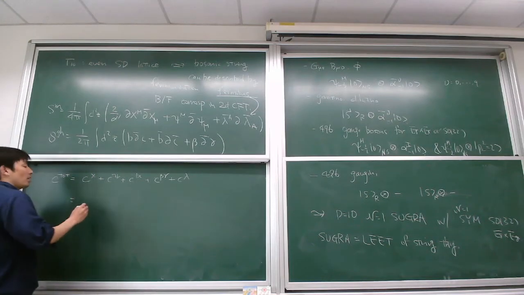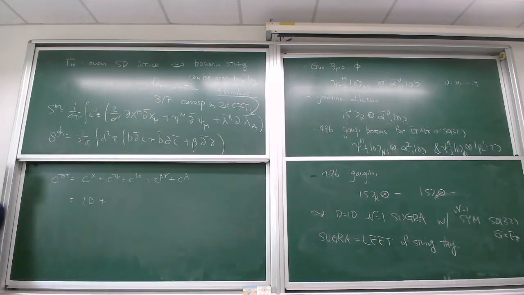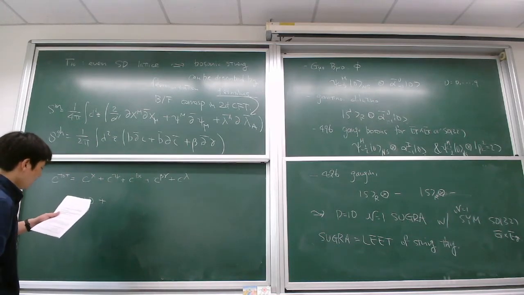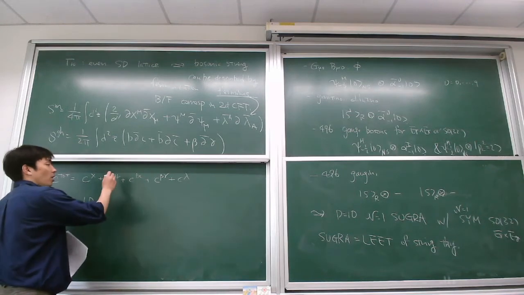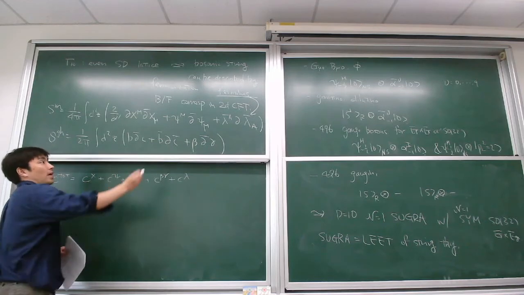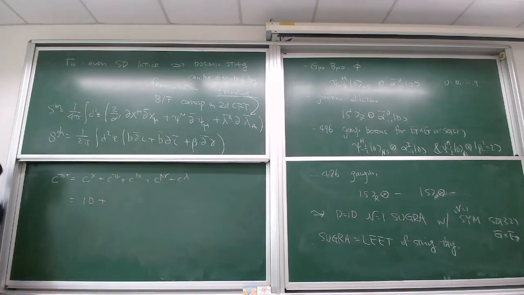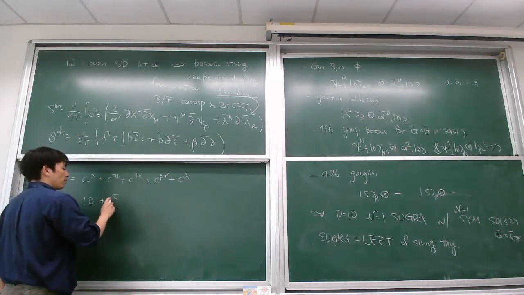So in 10 dimensions, it becomes 10. What is the central charge of a fermion? 1/2, but it's only holomorphic. If you look at only the holomorphic one, it's 1/4. So 1/4 times 10 is 5/2.